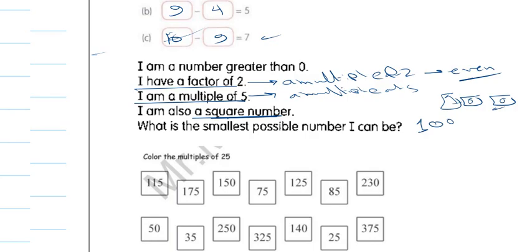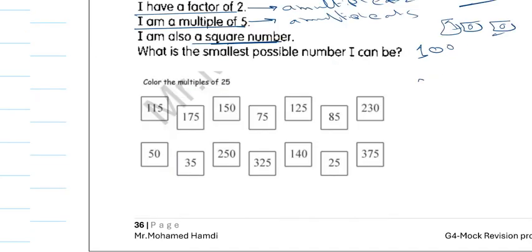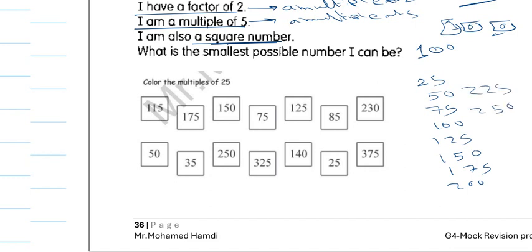Let's look at multiples of 25. Let's count by 25: 25, 50, 75, 100, 125, 150, 175, 200, 225, 250, 275, 300.